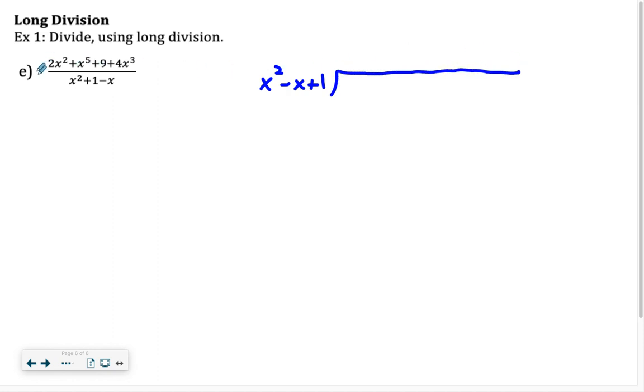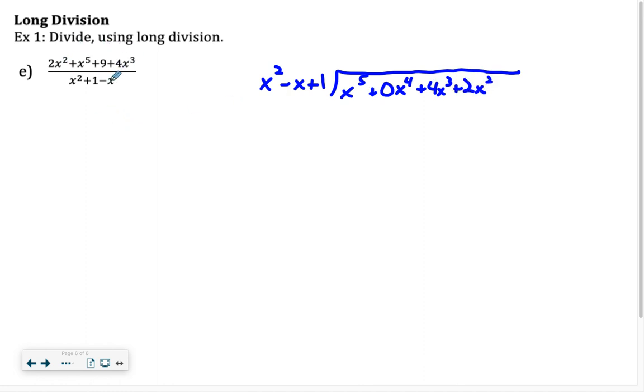And then here, okay, I would have x to the 5th. I do not have an x to the 4th term, so I would need a 0x to the 4th. I've got an x cubed, so plus 4x cubed. I have an x squared, so plus 2x squared.